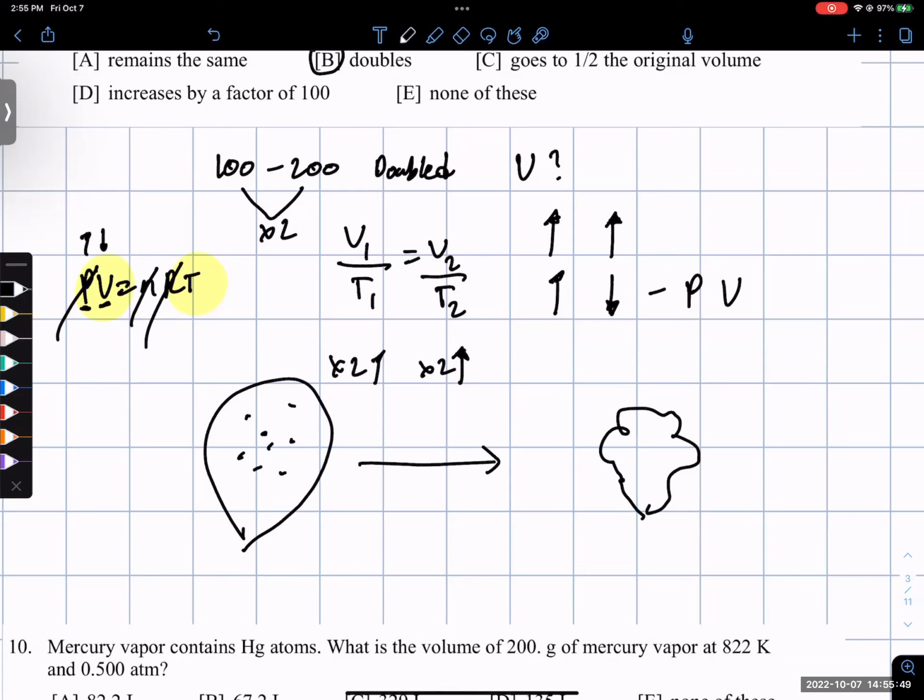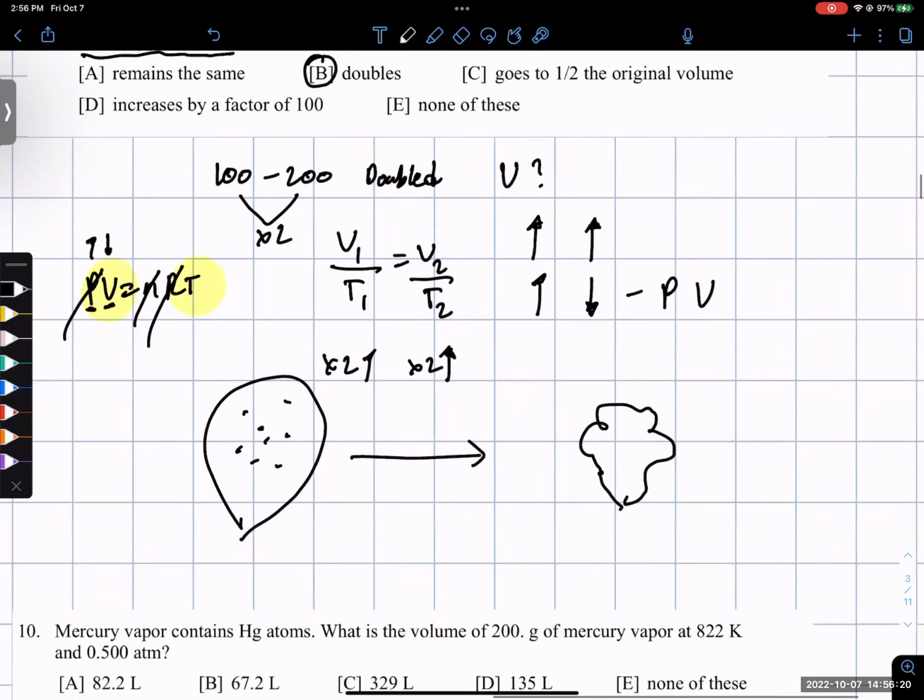It slows down the gas particles, so they're not hitting the sides of the balloon with as much force. Therefore, it shrinks the balloon. If you were to take the same balloon and put it into a super hot car on a summer day, it's going to expand until it eventually pops. So that's how you can conceptualize why this is the case, rather than just looking at an equation. If you're not so math inclined, maybe that'll help you a little bit.